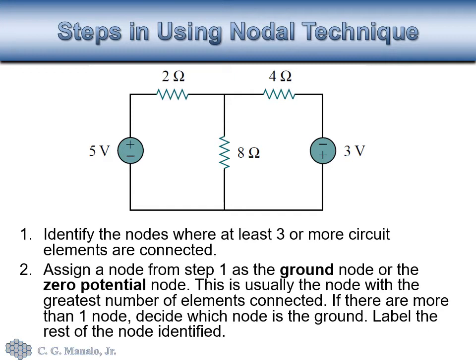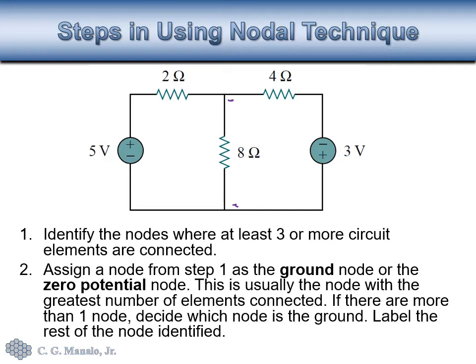So that would be these nodes, this one and this one. For example, this node here has the 2 ohms, 4 ohms, and 8 ohms connected, while this node at the bottom, we have the 2 sources and the 8 ohms connected.